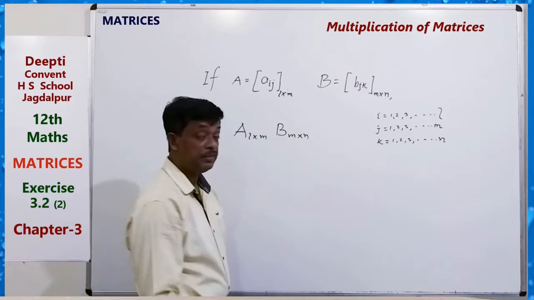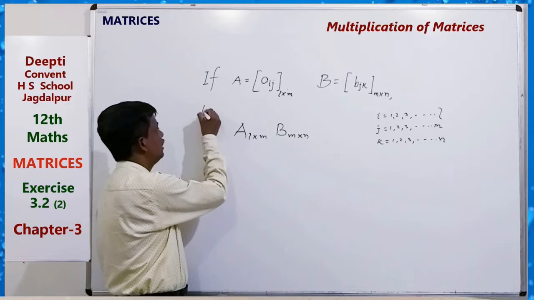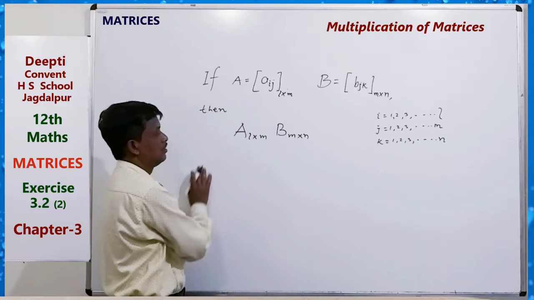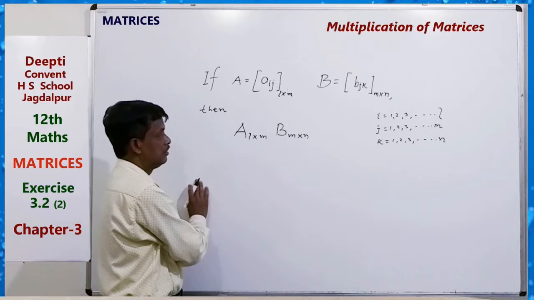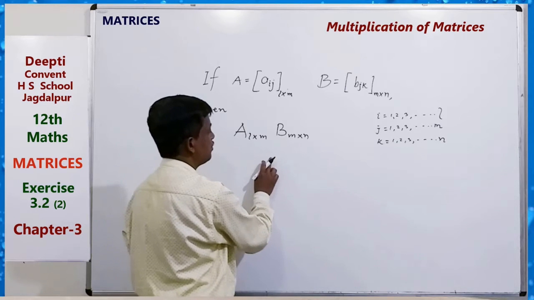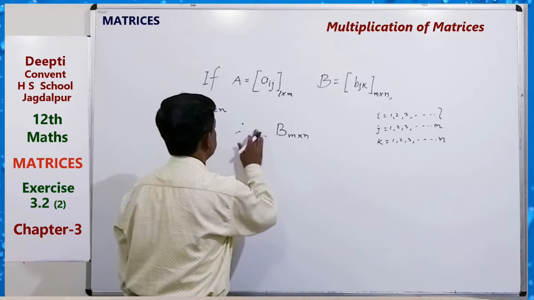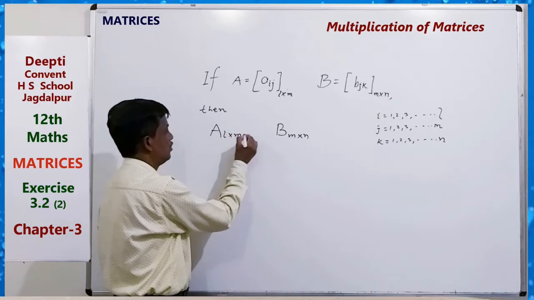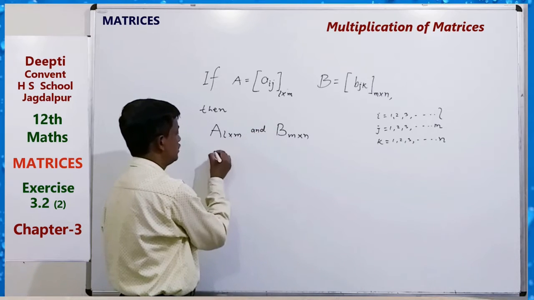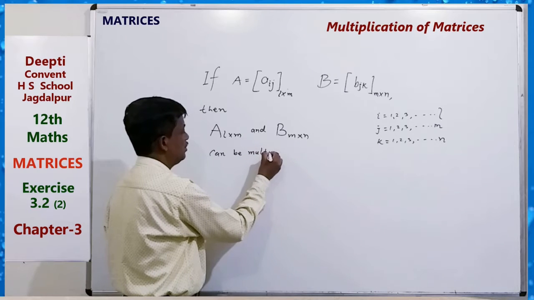Here, if this, then A, L by M, and B, M by N can be multiplied. This and this can be multiplied.